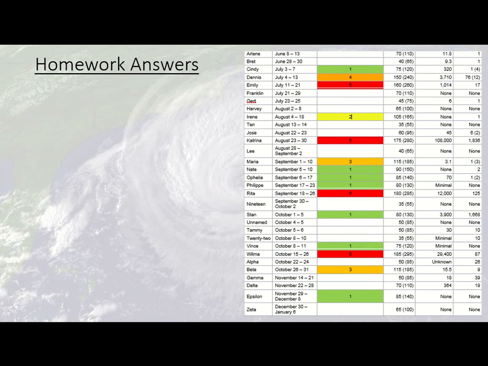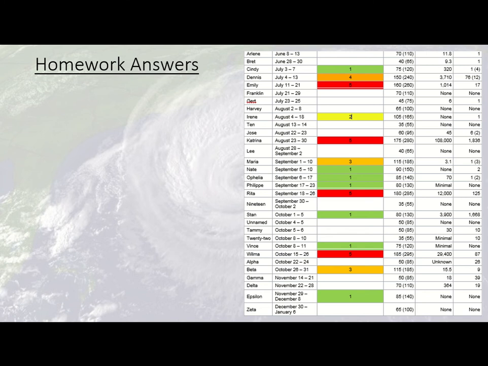You've also got just one category 2 hurricane in Irene. Then you've got a couple of 3s, Maria and Beta. Then you've got a category 4 in Dennis. And then finally four category 5 hurricanes: Emily, Katrina, Rita and Wilma. All of those category 5 hurricanes were really quite damaging.